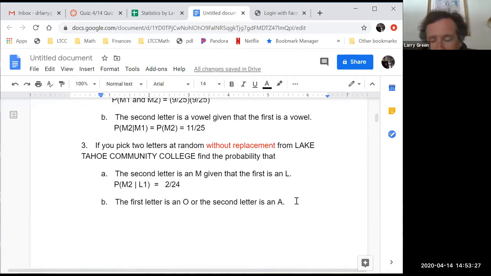Okay, now let's look at part B. So now it's the first letter is an O or the second letter is an A. So let me write probability of O1 or A2.